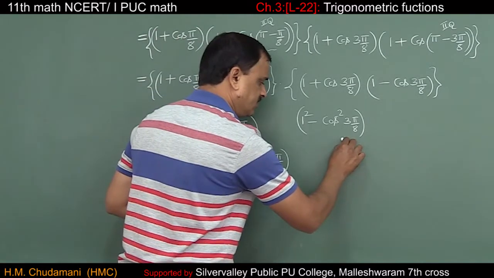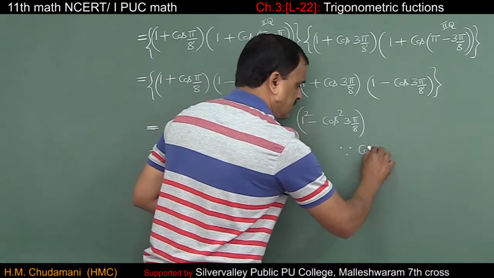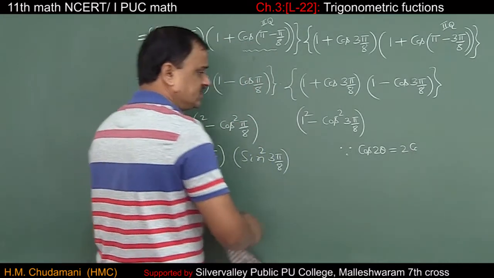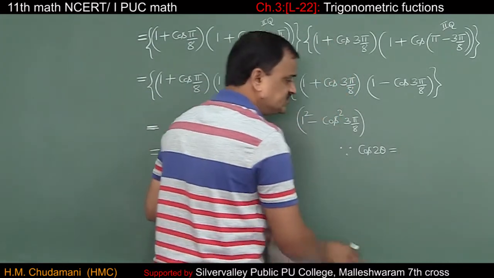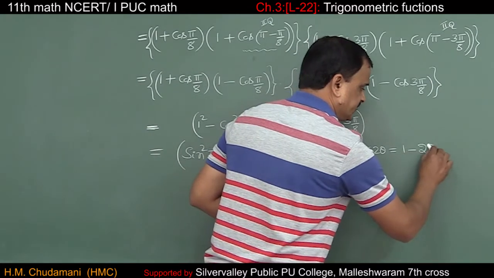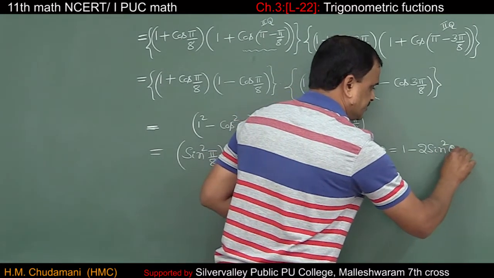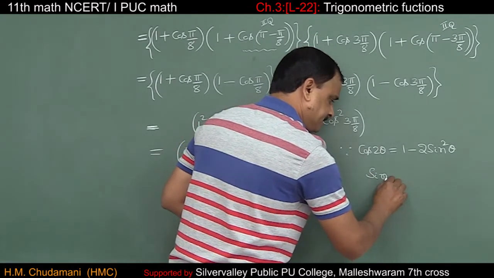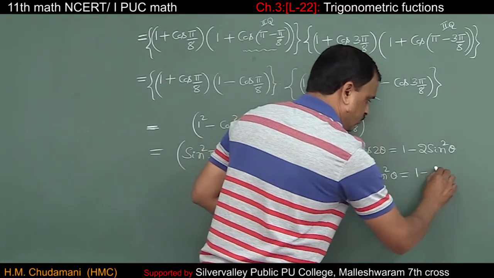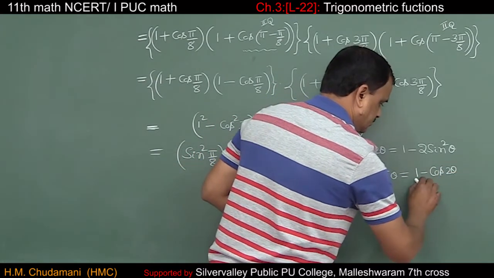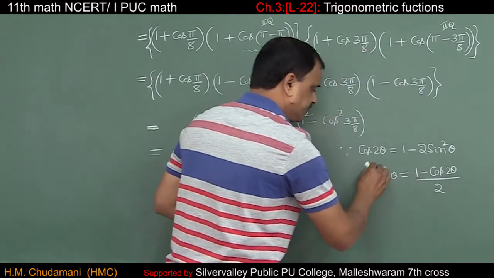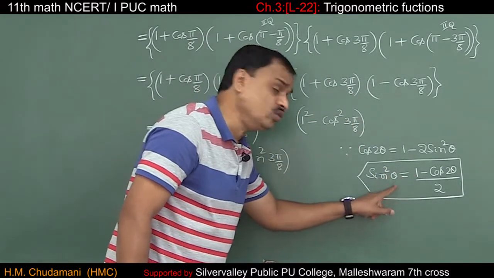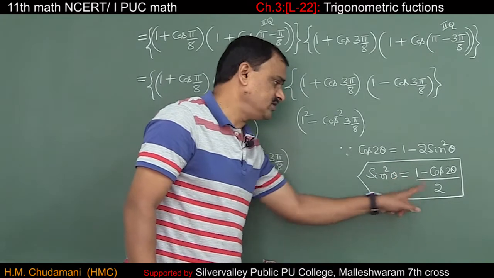We have the formula cos 2 theta is equal to 1 minus 2 sine square theta. 2 sine square theta to the left side, is equal to 1 minus cos 2 theta divided by 2. So sine square theta can be written as 1 minus cos 2 theta divided by 2.